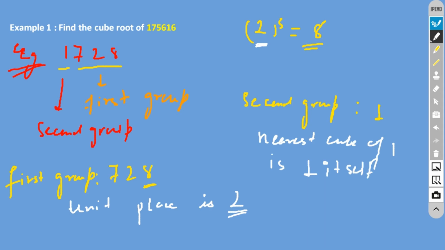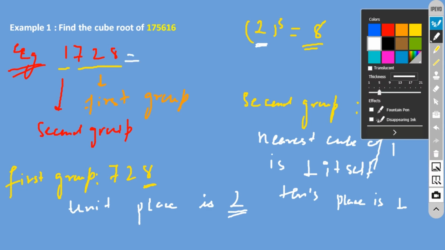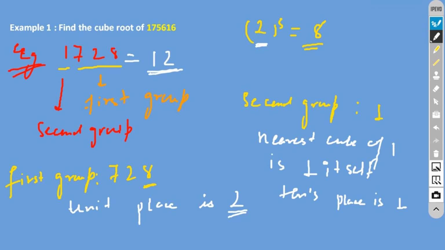So the tens place is 1. So the number would become 12. Tens place is 1 and unit place is 2. The number is 12. So the cube root of 1728 is 12. You can find any cube root with this method.